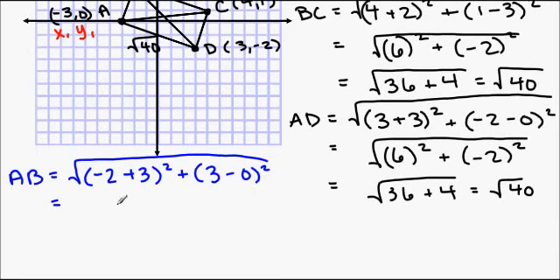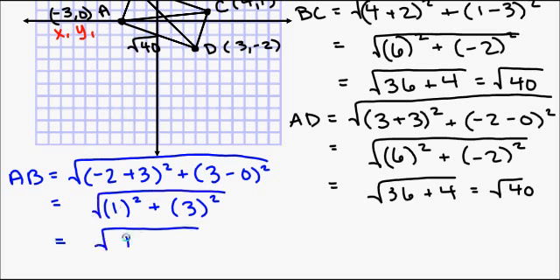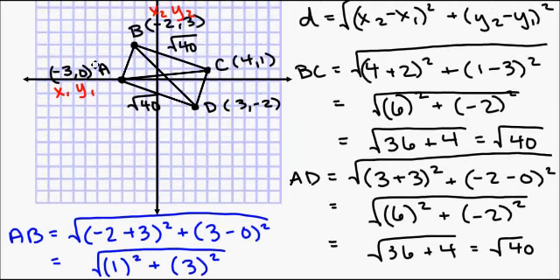Okay, so I have negative 2 plus 3 is 1. 3 minus 0 is 3. So this is the square root of 1 plus 9, which is the square root of 10. So this is square root 10.